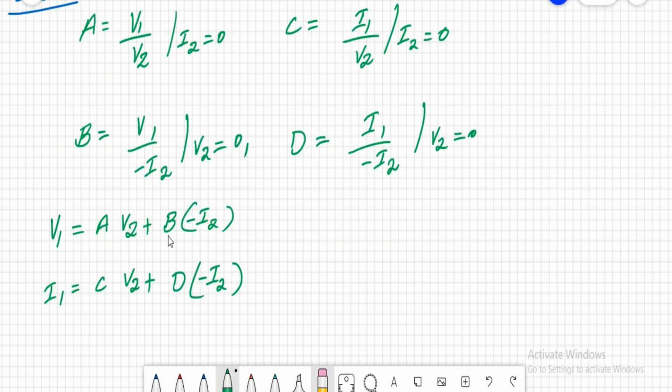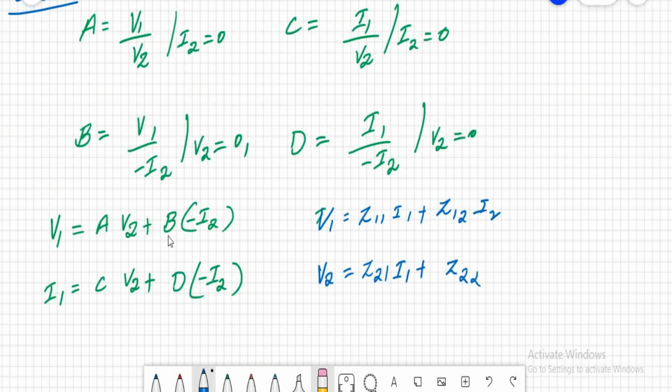For impedance parameters, what is the equation? V1 is equal to Z11 I1 plus Z12 I2, and V2 is equal to Z21 I1 plus Z22 I2.